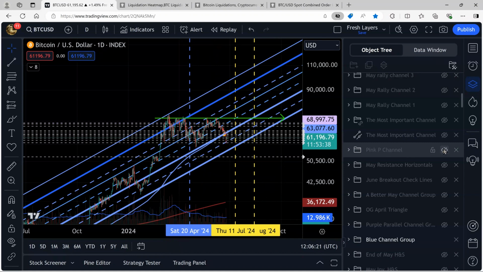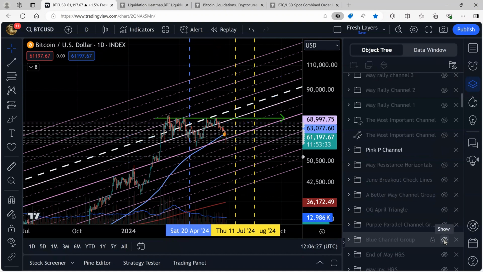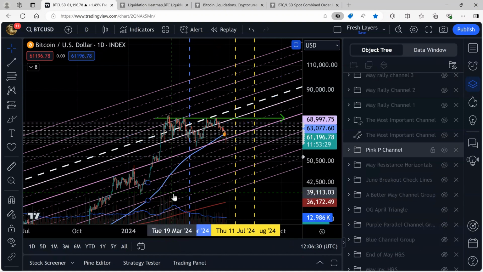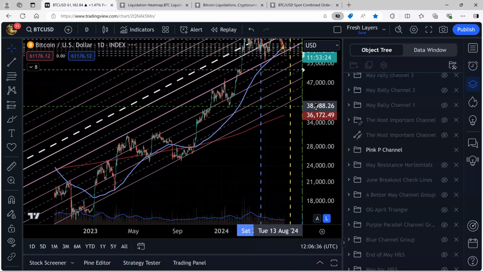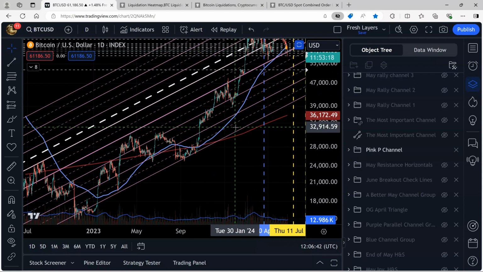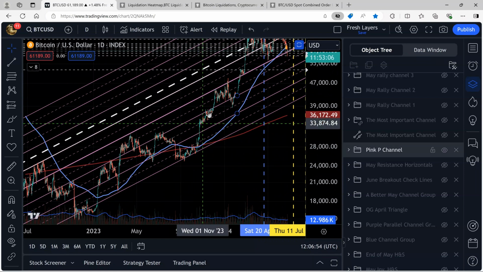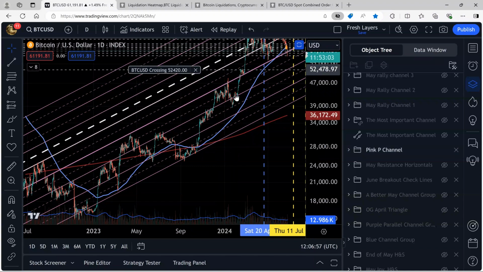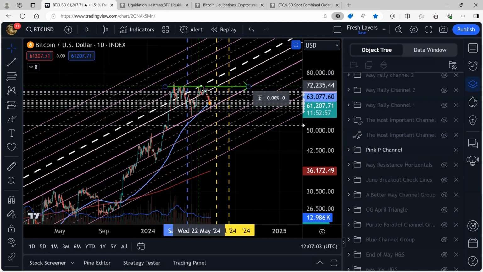Well, let's look at our pink parallel channels and see if they tell a different story. Because here, you clearly have price action moving within these channels. And when we did break through here, we did continue up here, very clearly.